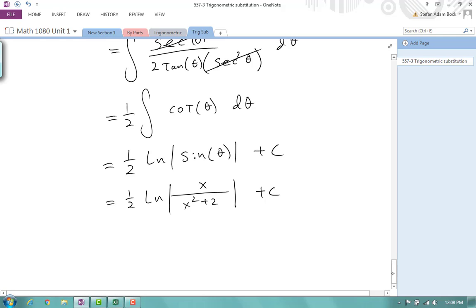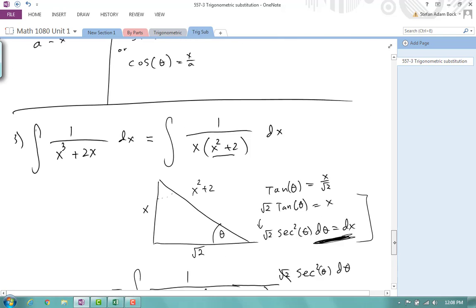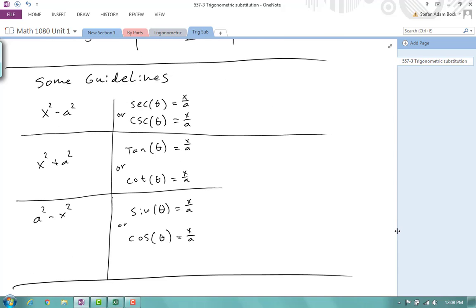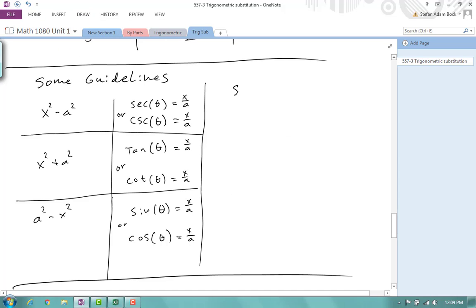So let me move back up to my chart here. Some identities which are going to come in handy for all of this. Sine squared of theta plus cosine squared of theta, we should all know is equal to 1.